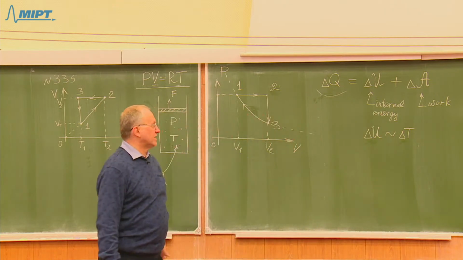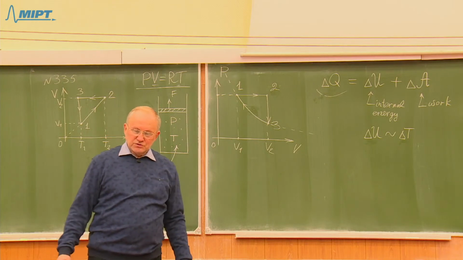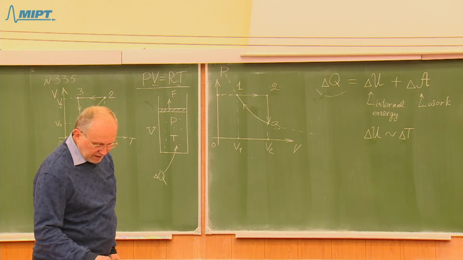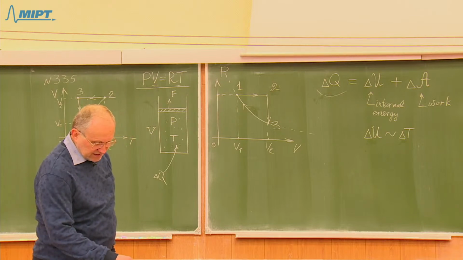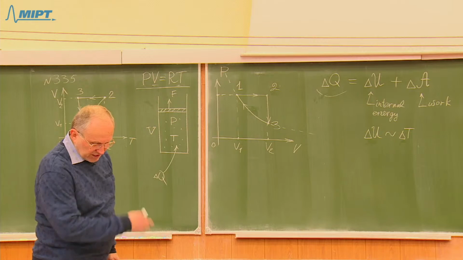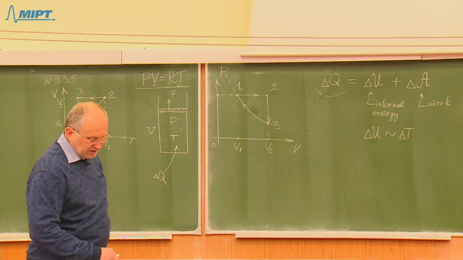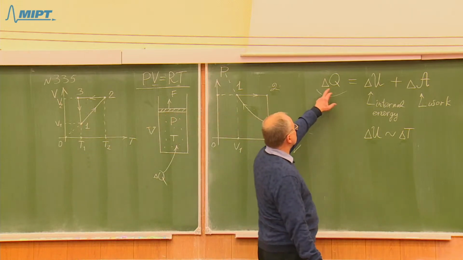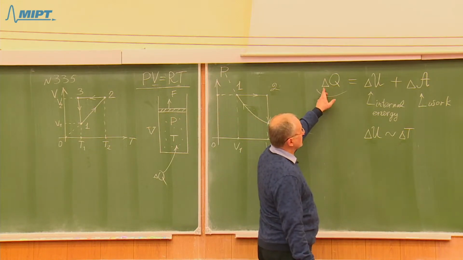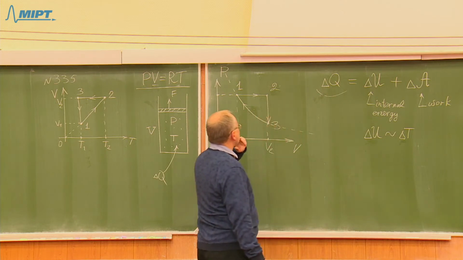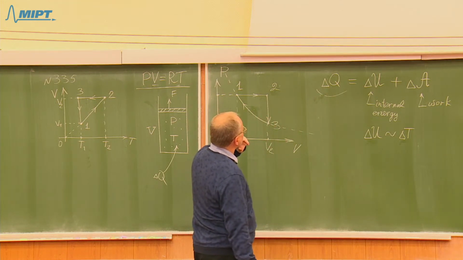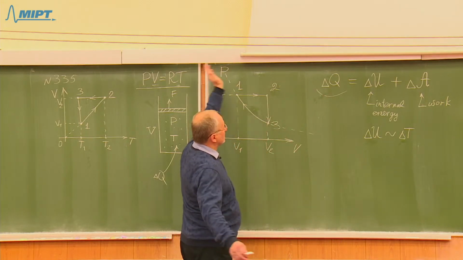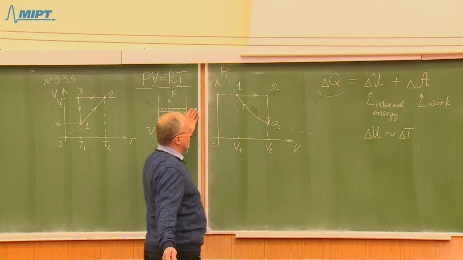That's all the information we need to answer the second question in this problem. Indicate the stages or the sections of this process when the gas received or when it released heat. Heat energy, we mean, what is heat? Heat is this delta Q, that is heat energy. And so we must understand when the heat delta Q was conveyed to the gas and when the gas released some heat energy to the outside body.